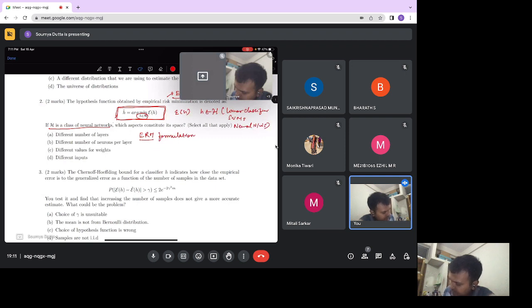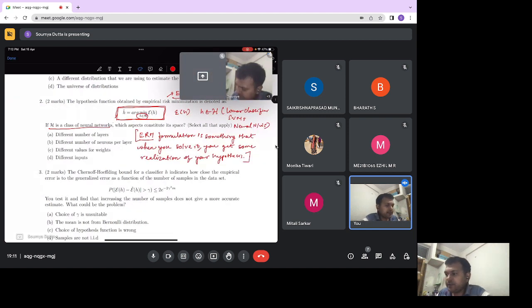In other words, suppose you solve the ERM problem. Once you solve it, it will give you some answer, and the answer that you get from the ERM problem is actually a realization of your hypothesis.